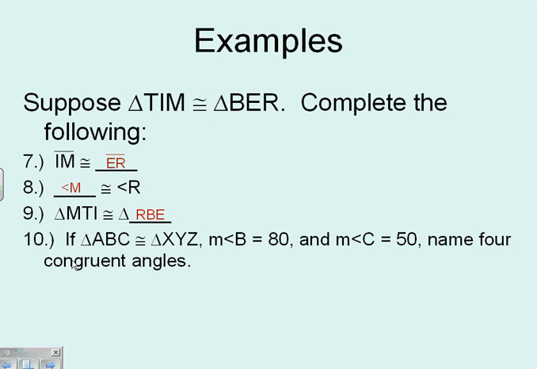And the last one, if triangle ABC is congruent to triangle XYZ, and B is 80 and C is 50, name 4 congruent angles. Since I want 4 congruent angles, I'm just going to draw a triangle here and a triangle here. I'm not drawing this to scale.